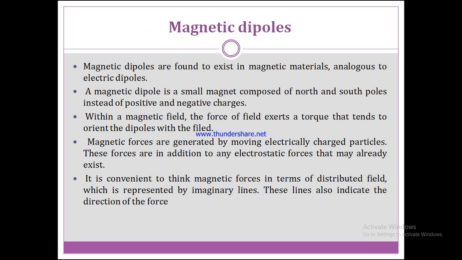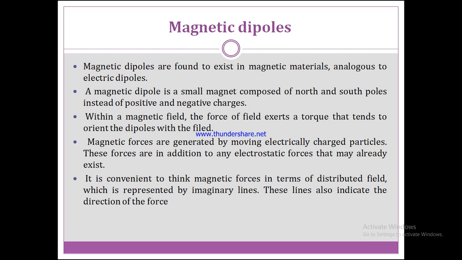Now, within a magnetic field, the force of a field exerts a torque that tends to orient the dipoles with the field. Here, the torque is the angular force created by the magnetic field. The magnetic forces are generated by moving electrically charged particles.